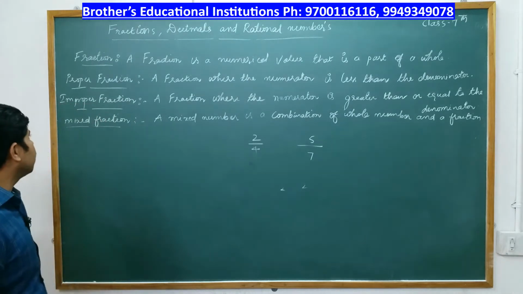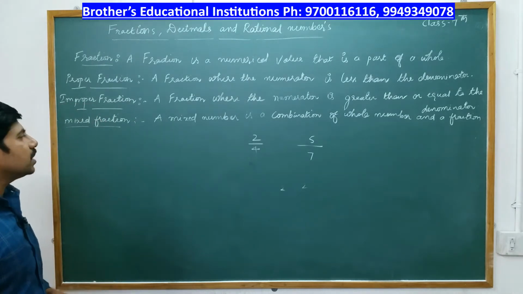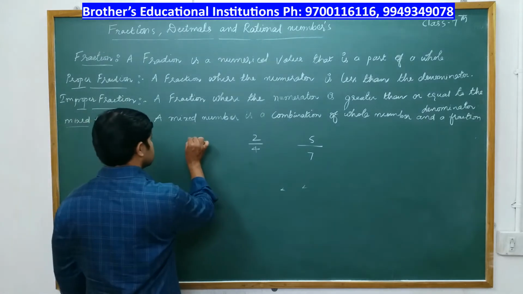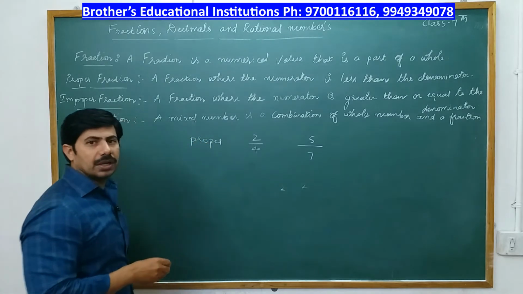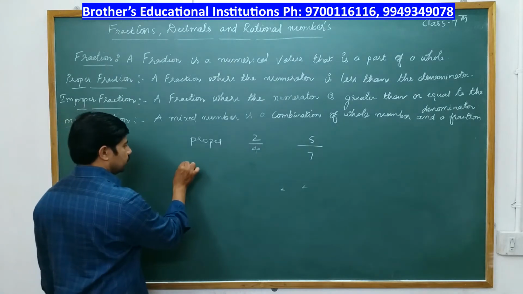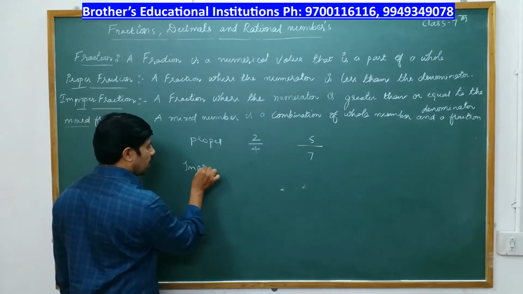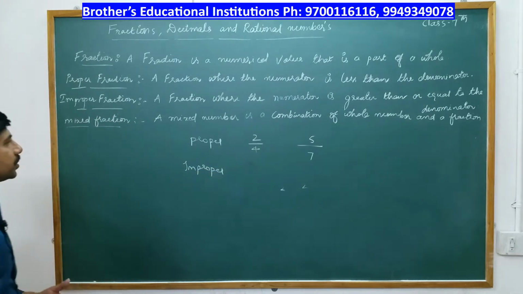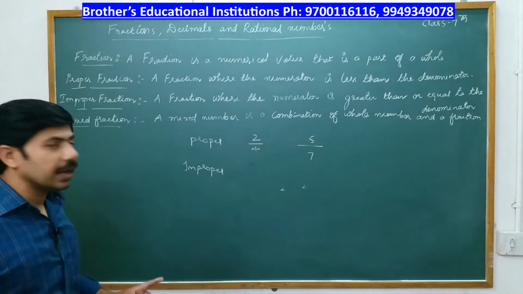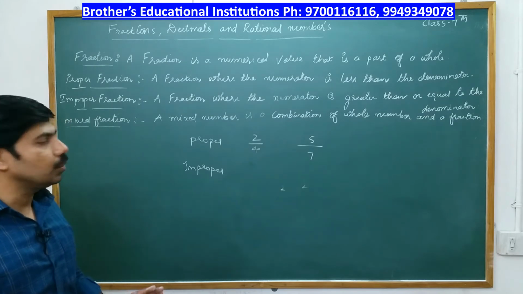Now we have the improper fraction. So what is an improper fraction? These are the examples of proper fraction. Now an improper fraction means a fraction where the numerator is greater than or equal to the denominator.